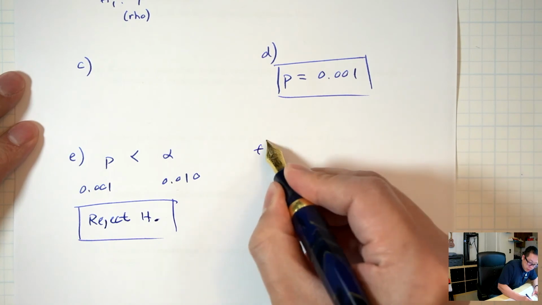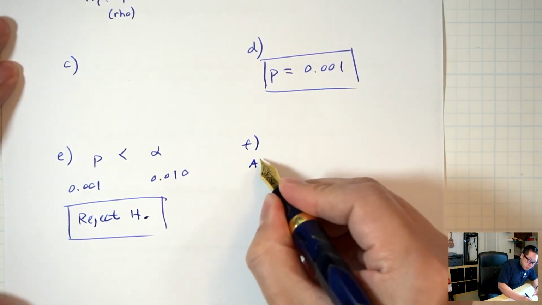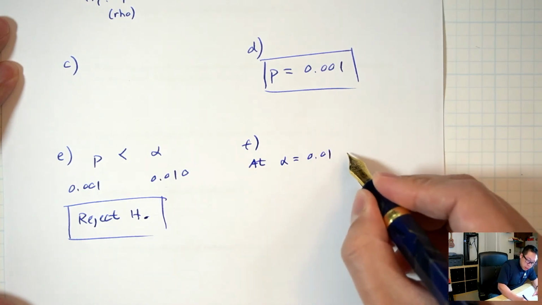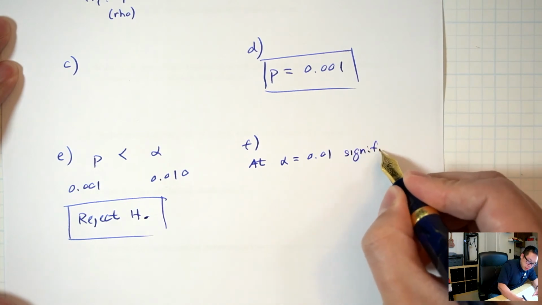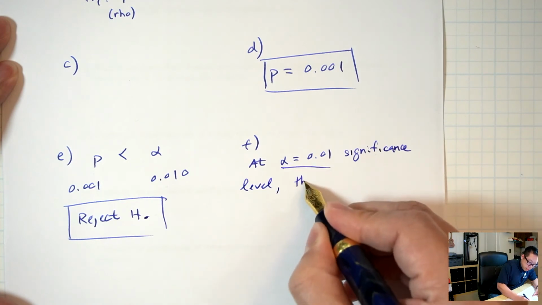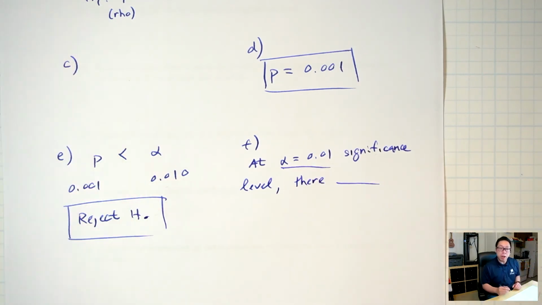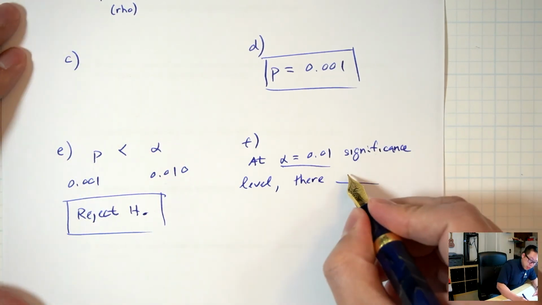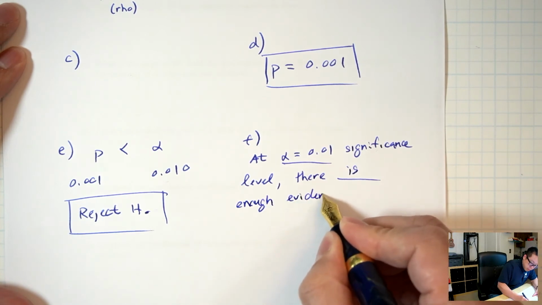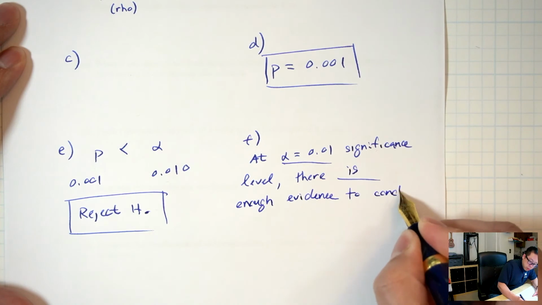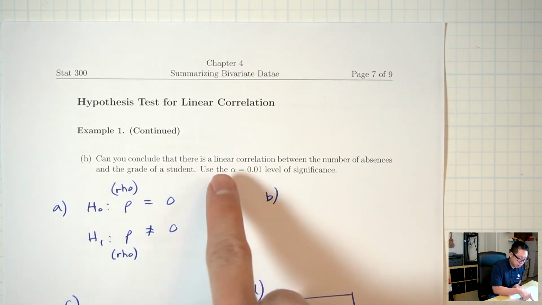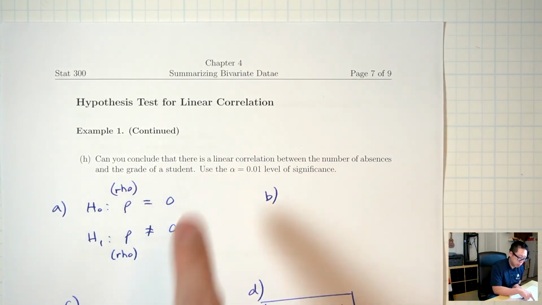And then part F, the sentence. At alpha equals 0.01 significance level, there is or is not enough evidence? Because we did reject, there is enough evidence to conclude that, to answer the question, can you conclude that there's a linear correlation between the number of absences and the grade of a student?